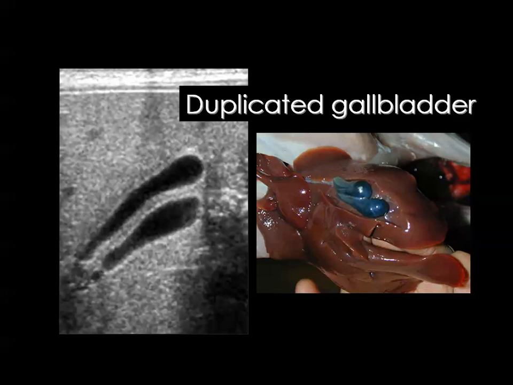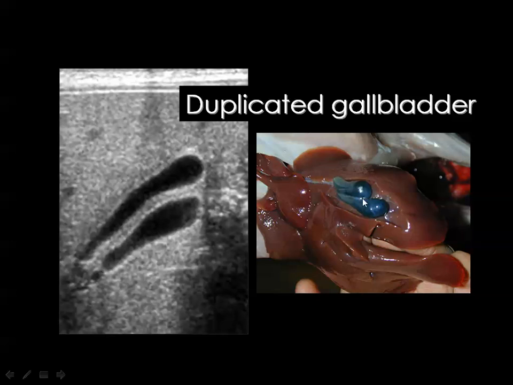Then the patient says that I have removed my gallbladder once before. Then you should know that the gallbladder may be duplicated, and a gallbladder may contain a stone, and it is removed either by endoscope or by surgery.